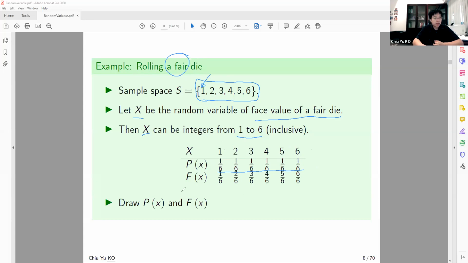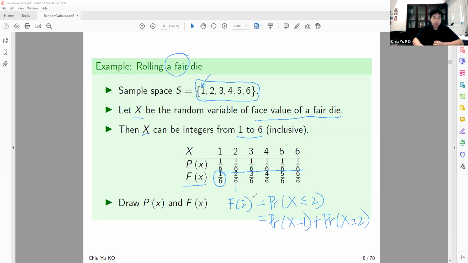The cumulative one is asking what's the probability that x is less than or equal to 1, so it's 1/6. And F of 2 is asking the probability that x is less than or equal to 2, which in this case is x equal to 1 plus x equal to 2.